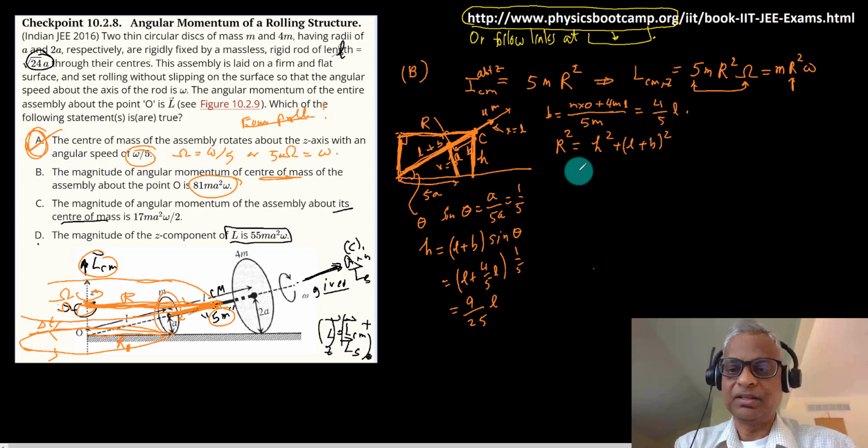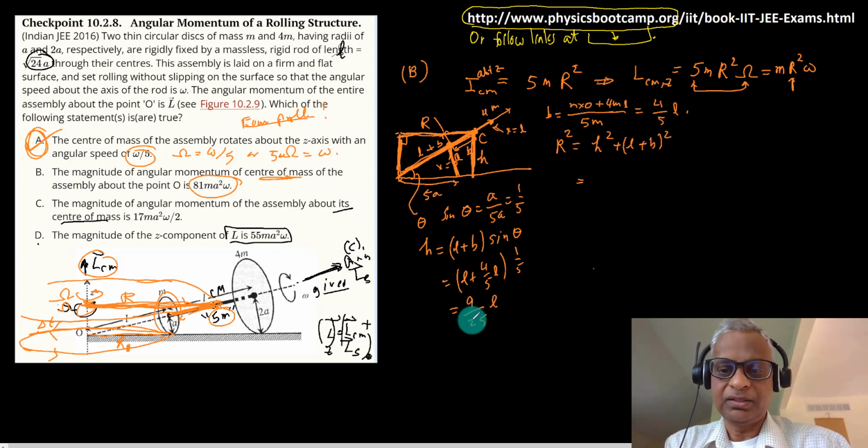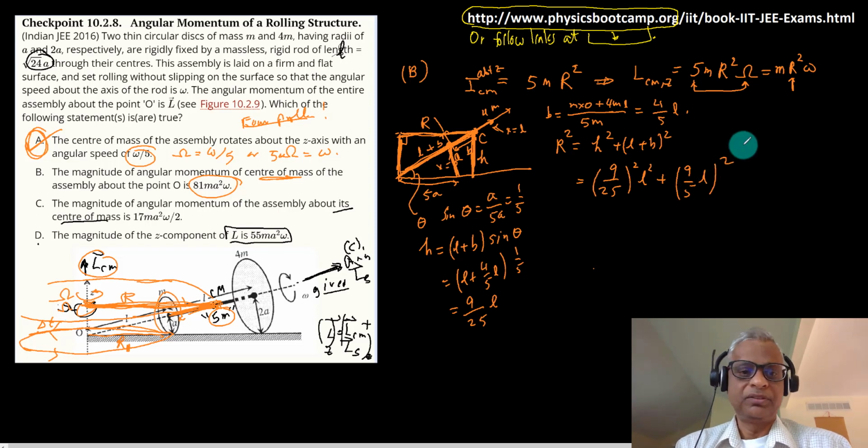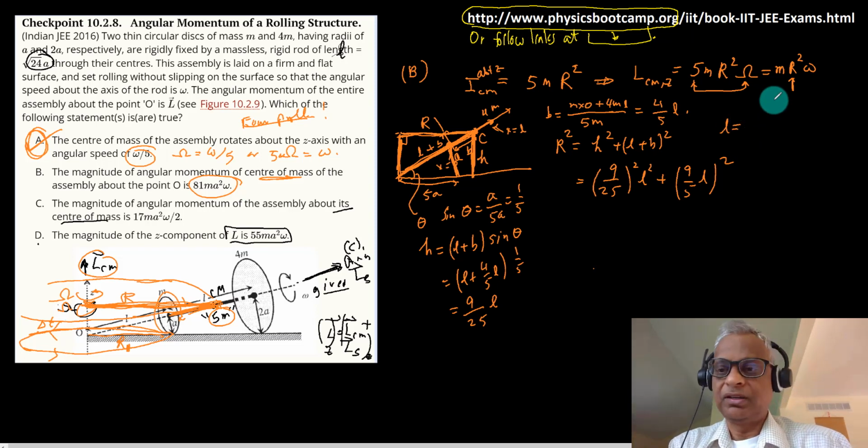Let's see what H squared is. H squared is 9 over 25 squared L squared. This one is 9 over 5 L squared. And L is as given, square root of 24a.